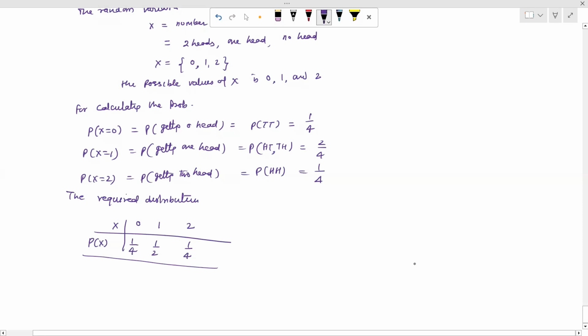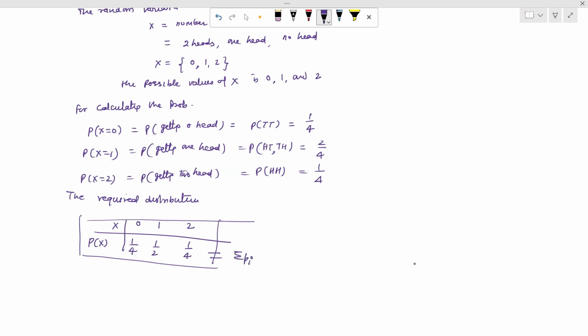So this is our required distribution, and we sum all the probabilities. The sum of all the probabilities is equal to 1: 1 by 2 plus 1 by 4 is 3 by 4, plus 1 by 4 is 4 by 4, which is 1. Hope you understand the random variable concept.